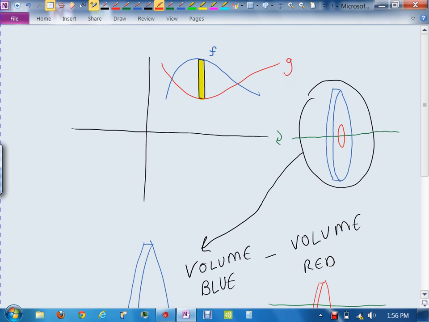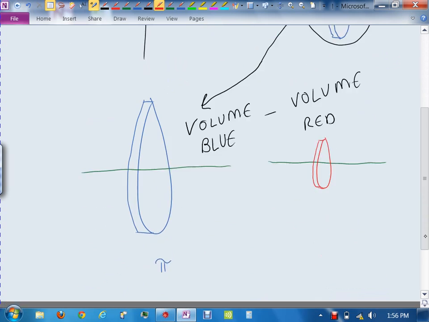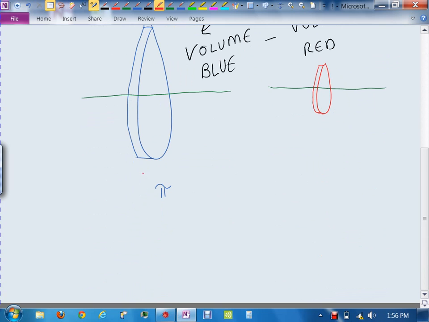And now I can talk about them in the integral. The volume of the blue one then would be pi f of x squared dx. And then the volume of the red one would be minus pi times g of x squared dx.